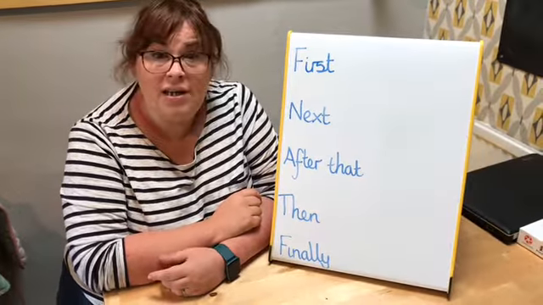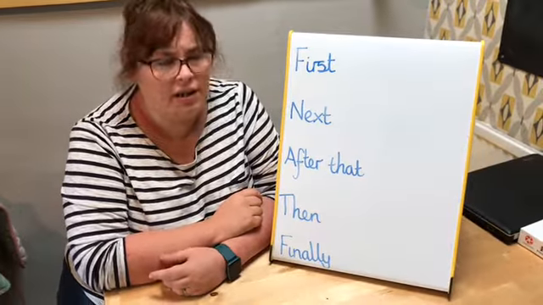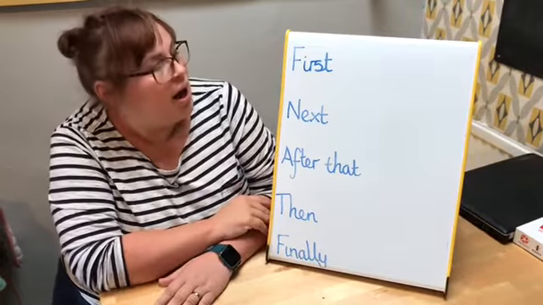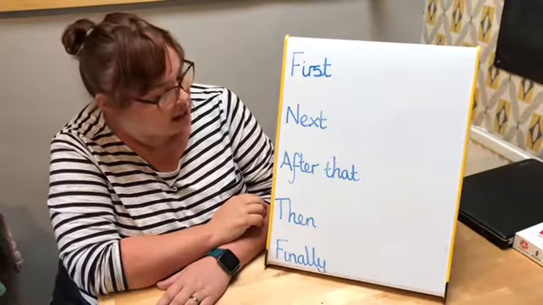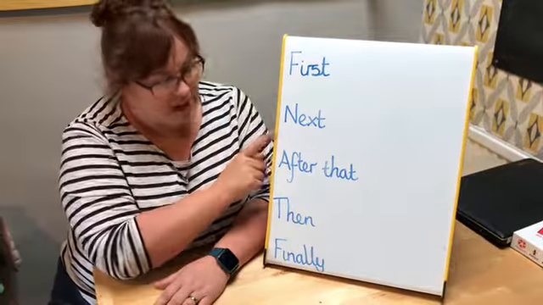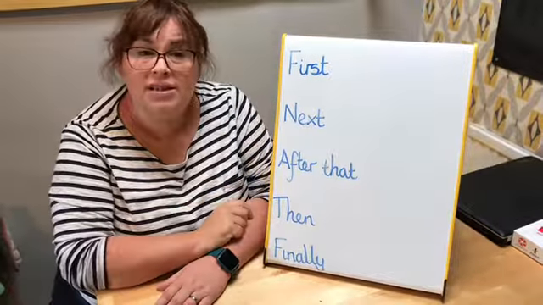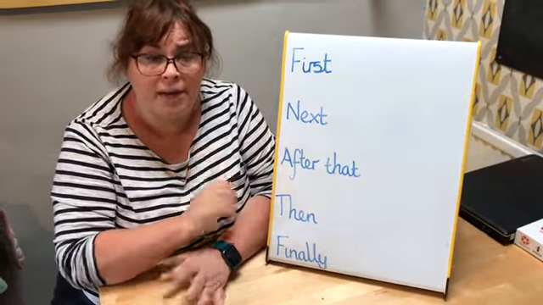There are others that can maybe make our writing a little bit more exciting, like suddenly, or just then, or without warning. But we'll have a little look at those and a mention of those later. For now, we're going to stick with these because these really help us tell when something is happening.